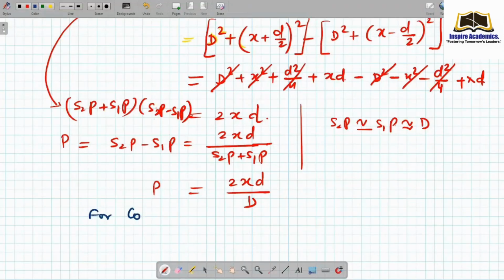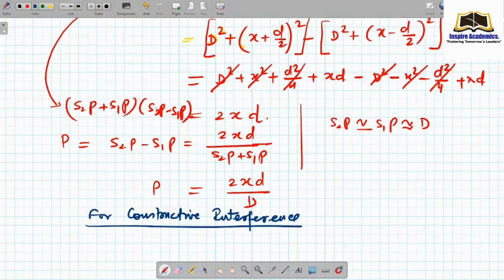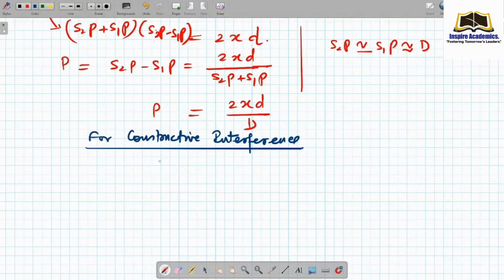For constructive interference, if you remember my discussion that I have taught you, p has to be n lambda, and n belongs to Z, right?